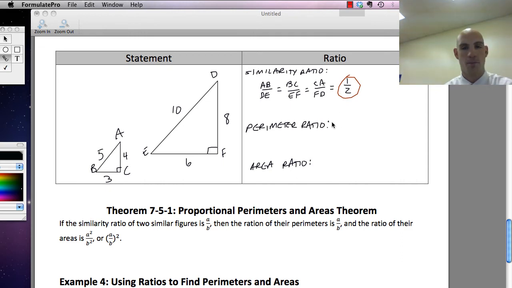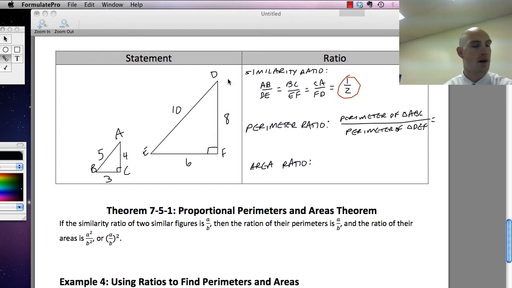The perimeter ratio is going to be the perimeter of triangle ABC over the perimeter of triangle DEF.